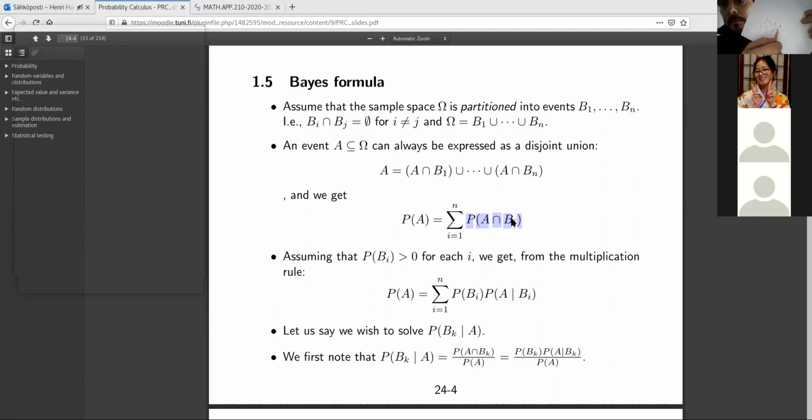Then the probability of A is the sum of all these intersections. In each of these intersections, we can use the multiplication rule to express it in terms of conditional probability. So the probability of A is the sum of the probabilities of each B happening, times the probability of A happening given that B happened.